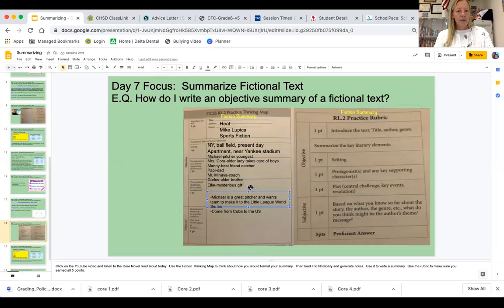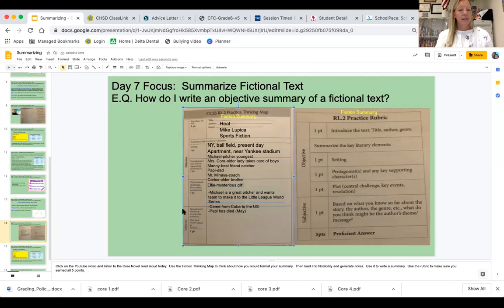And some things that we learned that were important in this section, we wrote they came to Cuba from the US and that Poppy has died. So in May, he has already passed, and that's important to remember and to be in our summary.